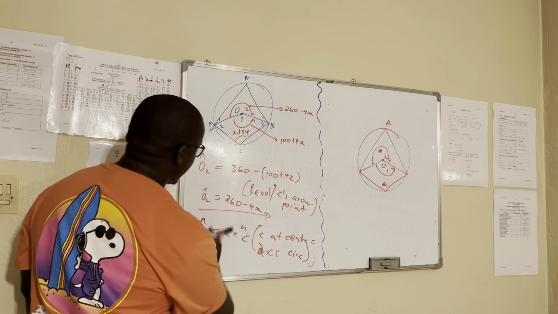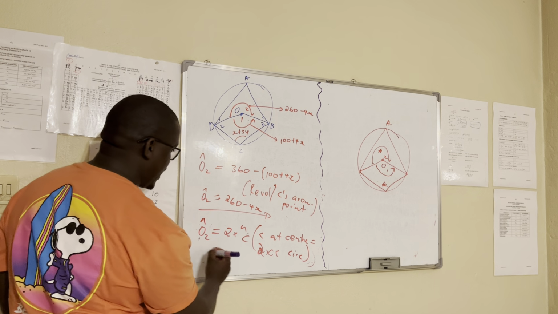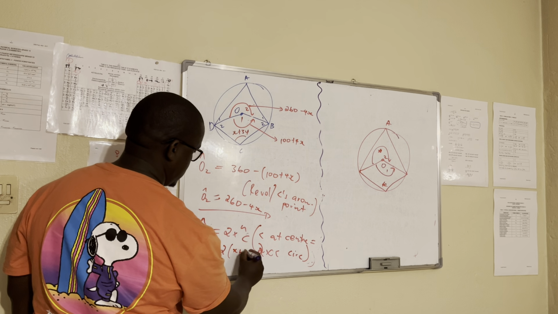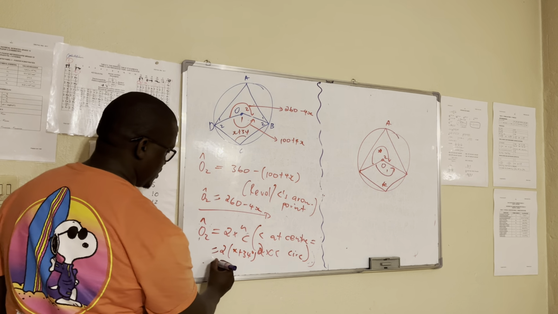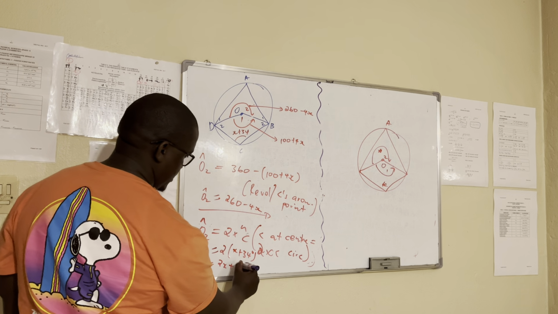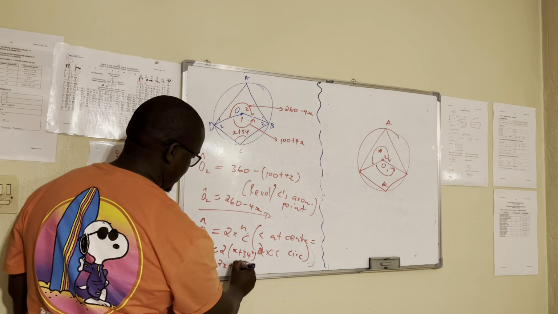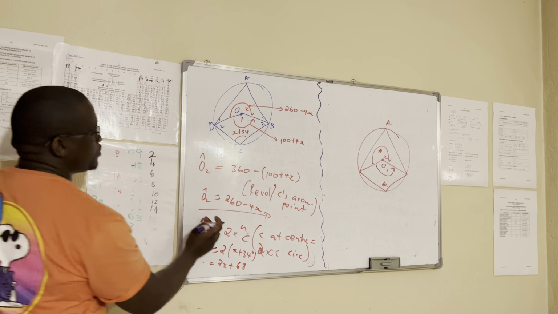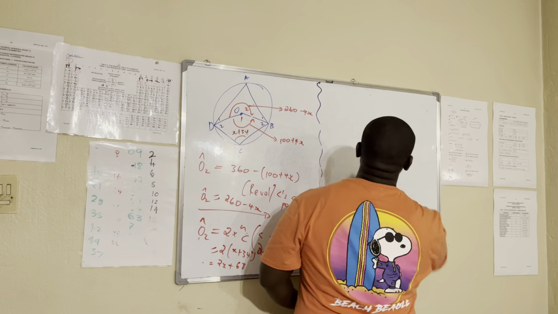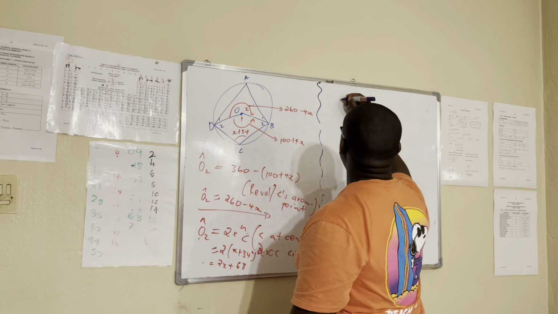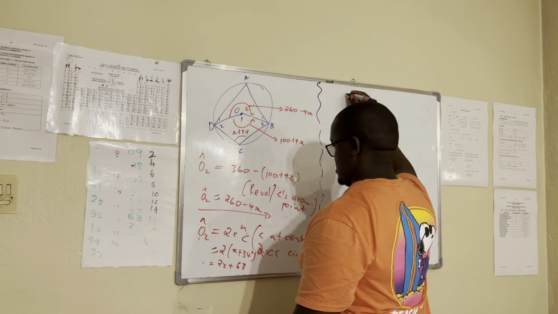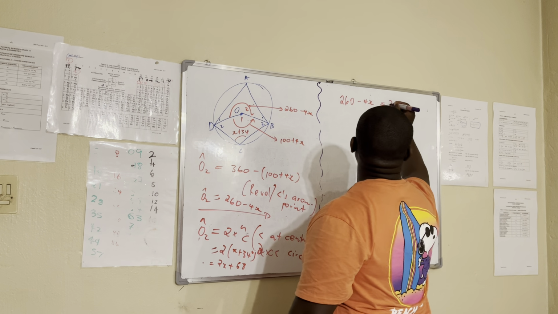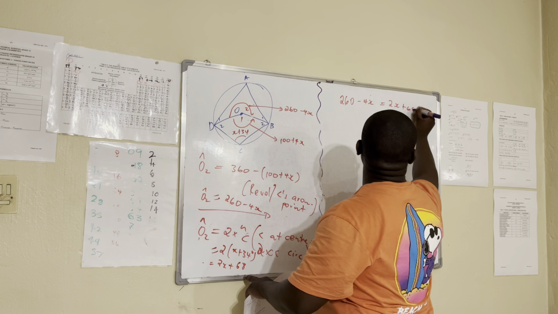So listen, guys. Do you agree with me that here O2 can be written as 2 into x plus 4, so it's going to be 2x plus 68. So let me equate them. O2, 260 minus 4x, is equal to 2x plus 68.